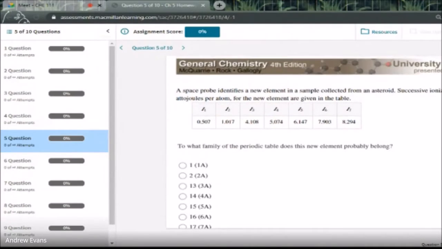Now, we just previously talked about in this chapter the octet rule, that an atom will either want to achieve 8 valence electrons or lose all of its valence electrons. So if it's in group 1 or 2, it'd probably want to lose its 1 or 2 valence electrons rather than try to gain 6.